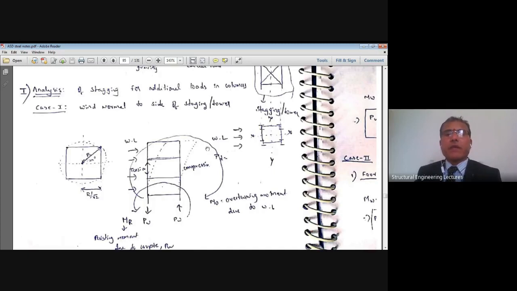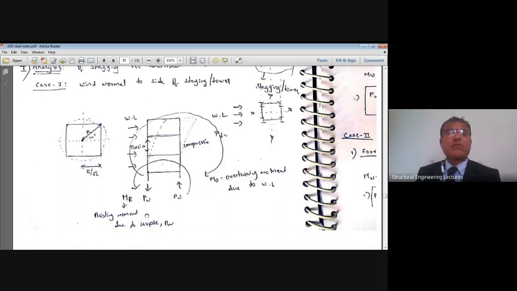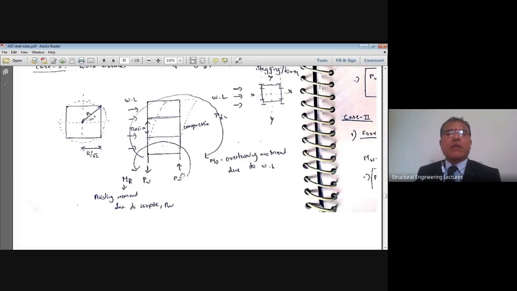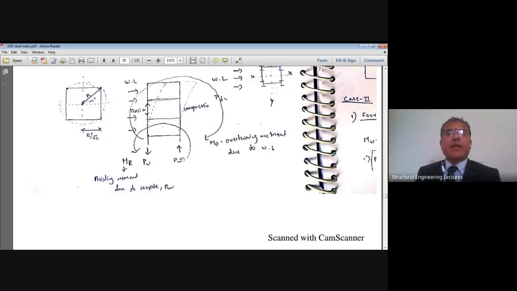That is the destabilizing force, and this is the stabilizing force. Hence the moment of resistance is offered by the sections in the form of reactions at the bottom. Let us say the additional axial thrust due to the wind in those columns is equal to PAW, A for additional, W for wind.